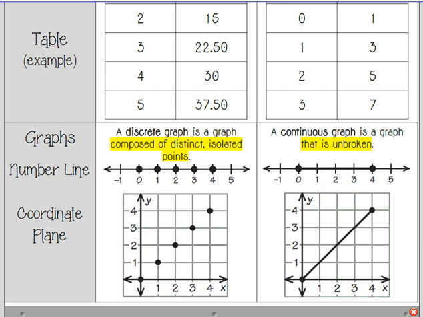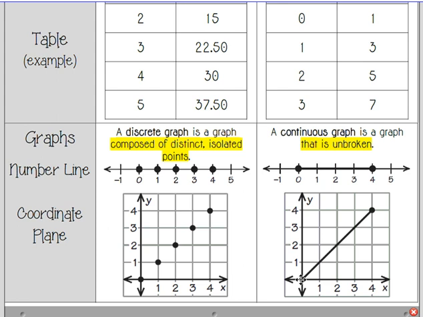So if we have a coordinate plane, we can see that these points are graphed here at 0, 1, 2, 3, 4, or as ordered pairs (0, 0), (1, 1), (2, 2), (3, 3), and (4, 4).